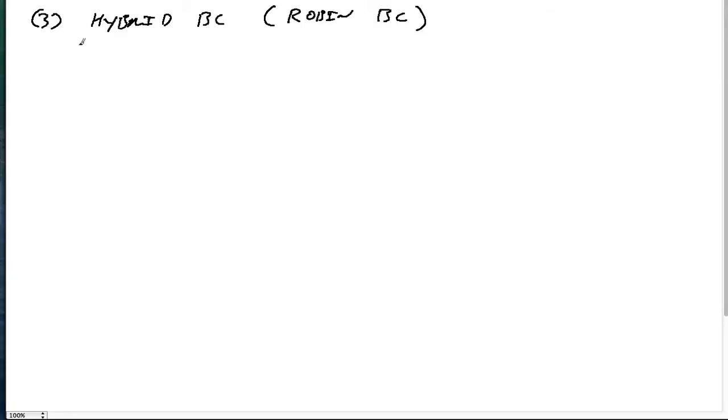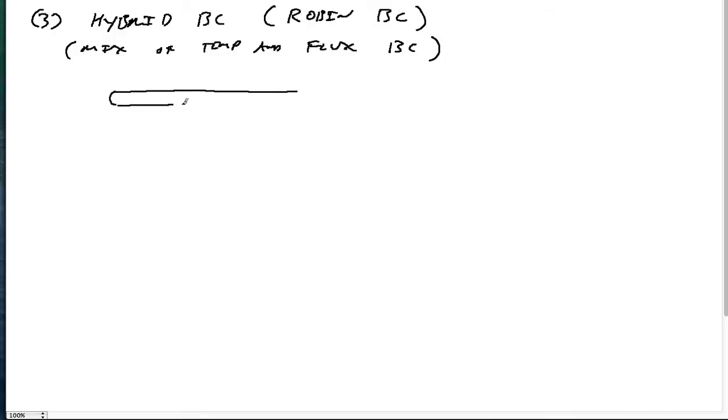We actually think of it as a mix of temperature and flux boundary conditions. So what this looks like is a situation like this. So let's just look at x equals L, this end.